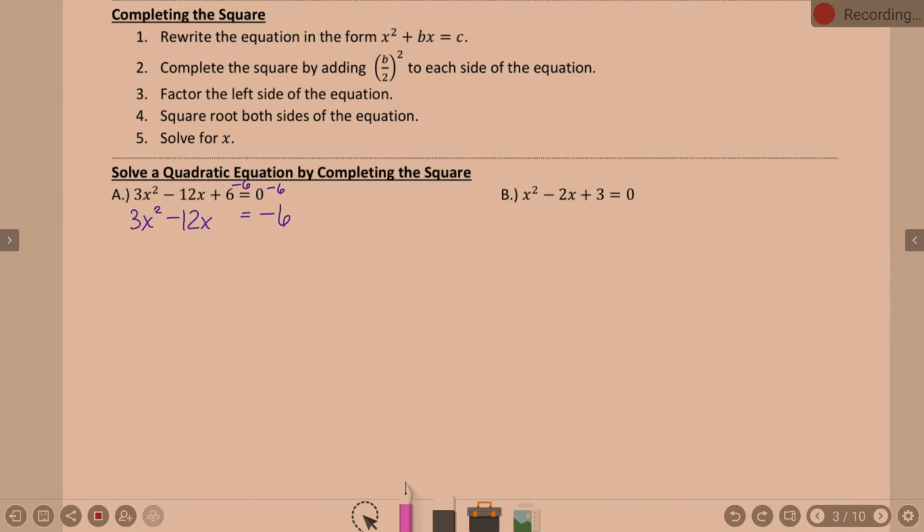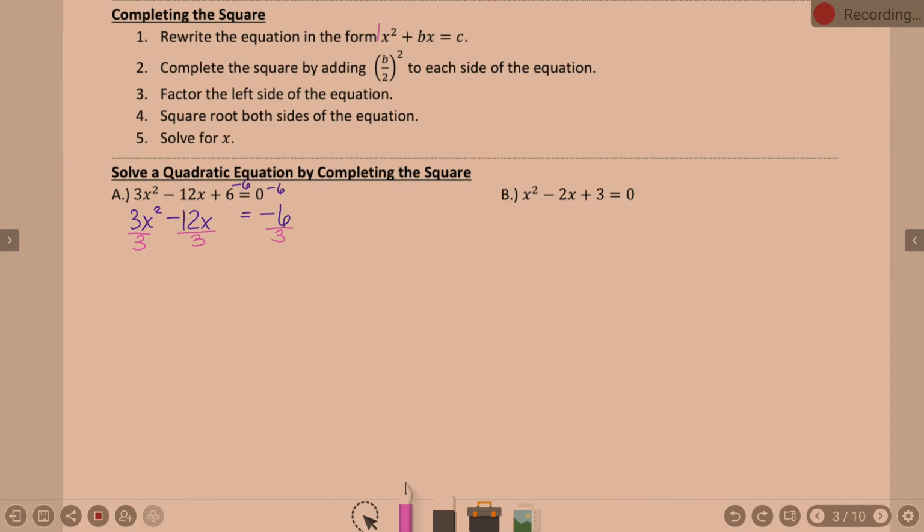It will. But also, in order to complete the square, it's necessary. This said, rewrite the equation by making it x squared plus bx equals c. It didn't say ax squared, did it? So that means what has to be the number in front of x squared? Not 0, but an invisible 1. So we are going to take this, everything divides by 3, so we're going to divide that a value away.